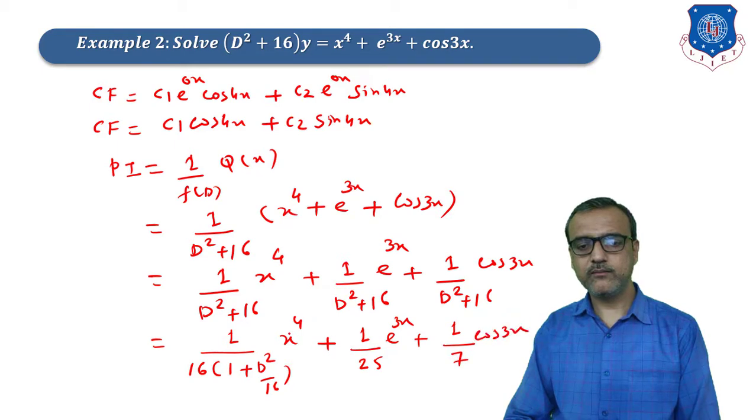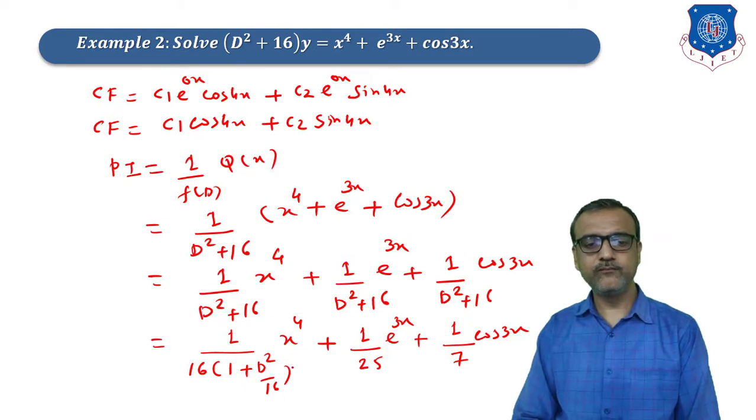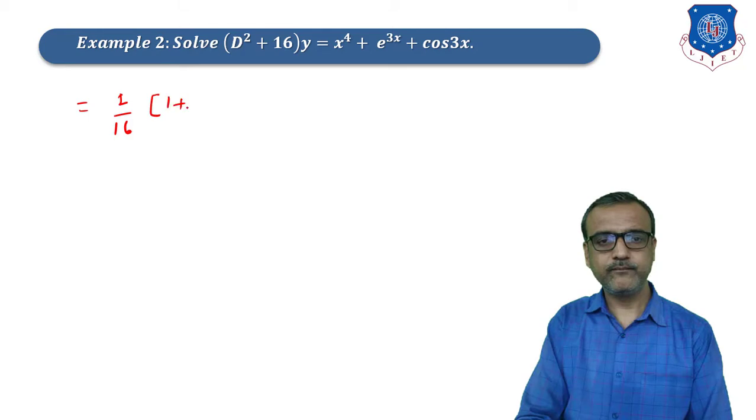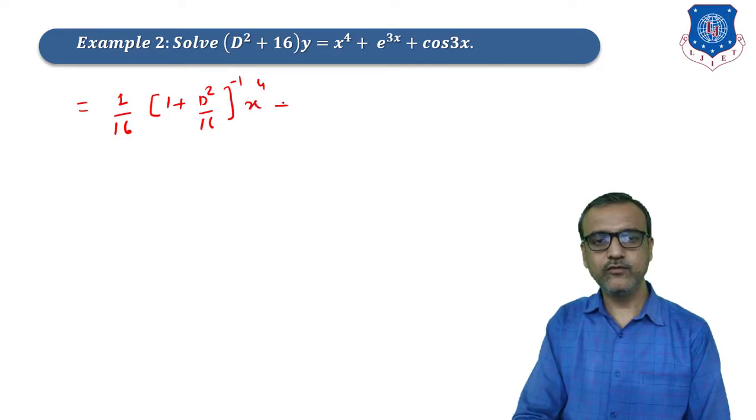Now we are going to simplify this result, and we will write 1 over 1 plus D square over 16, the whole raised to 1, as 1 plus D square over 16 the whole raised to minus 1. So this is equal to 1 upon 16 into 1 plus D square over 16 the whole raised to minus 1 x raised to 4 plus 1 upon 25 e raised to 3x plus 1 upon 7 cos 3x.